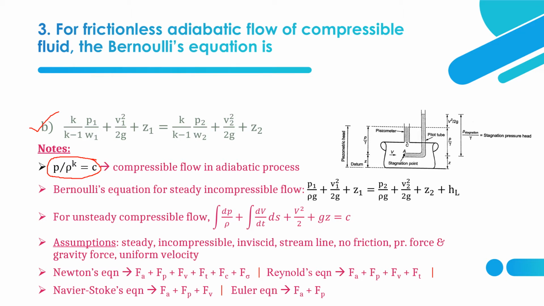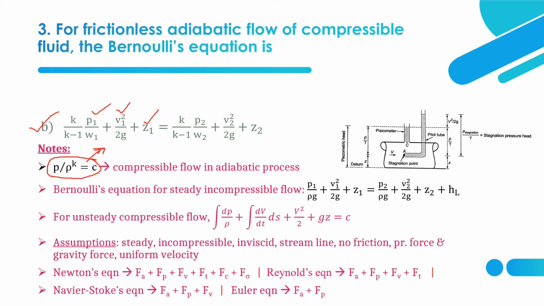So by using this fundamental equation, we get the Bernoulli's equation as this option B: K by (K minus 1) P1 by W1, where W is specific weight, or we can say rho 1 g, plus V1 square by 2g plus Z1. Z is the datum head, V square by 2g is the velocity head, and P by W is the pressure head. This equals K by (K minus 1) P2 by W2 plus V2 square by 2g plus Z2 for section 2.